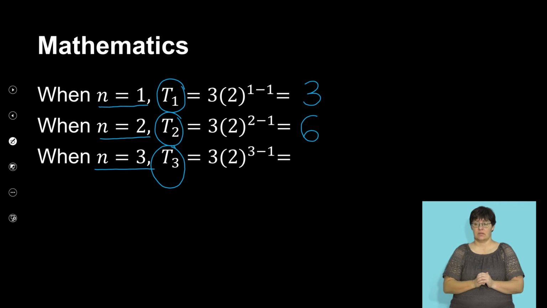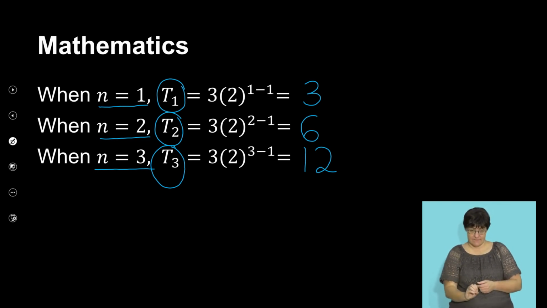Then term 3 is 3 times 2 to the power of 3 minus 1, and that is going to give me an answer of 12. So because I actually have the first 3 terms of the sequence, I can start determining the values of what I will need for my series formula.